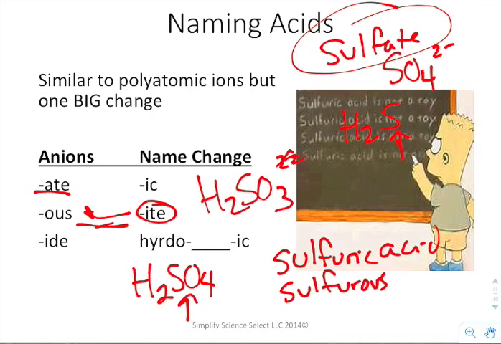Whenever you have a sulfide or an element by itself, it becomes hydro blank ic. So you would have hydro, and then this right here would be hydrosulfuric acid. So if you can see, the naming of the acid is actually going to depend on the anion. So you have to know your polyatomic ions.